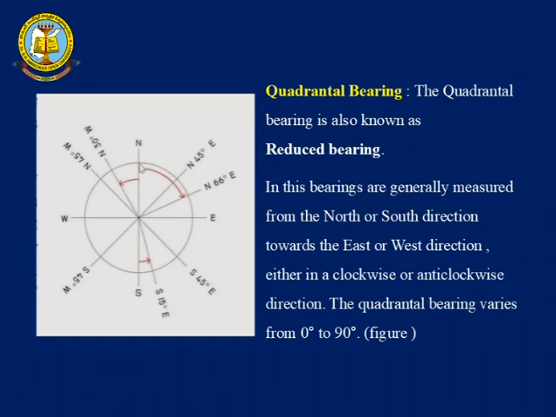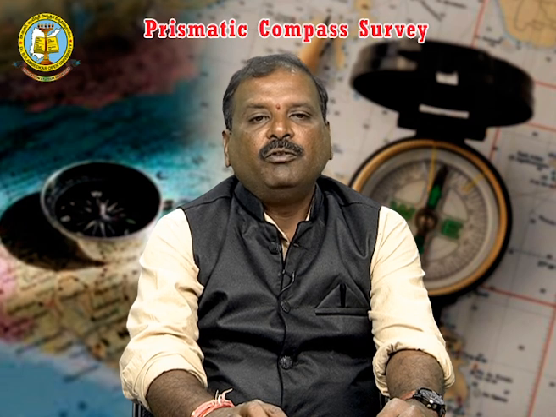So this is the difference between the whole circle bearing and the quadrantal bearing, but in the prismatic compass we will use the whole circle bearing.